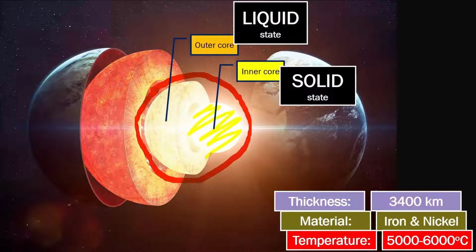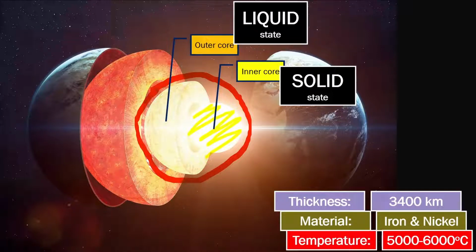And here, I think some of you guys might be confused, and here I'm trying to make it very clear to you guys. The outer core is in liquid form, but the inner core is solid.